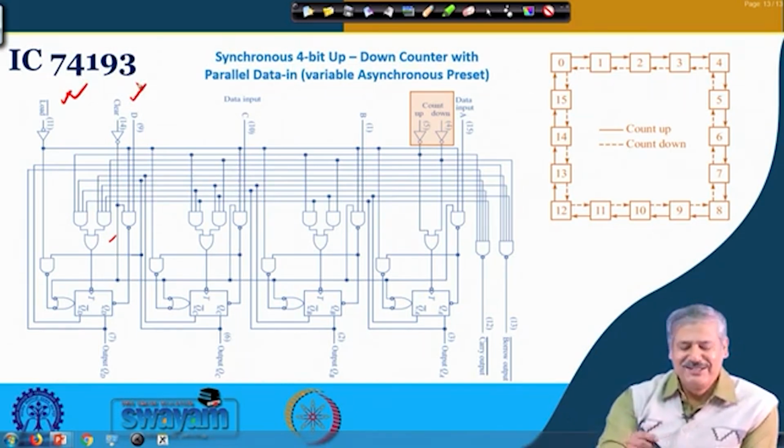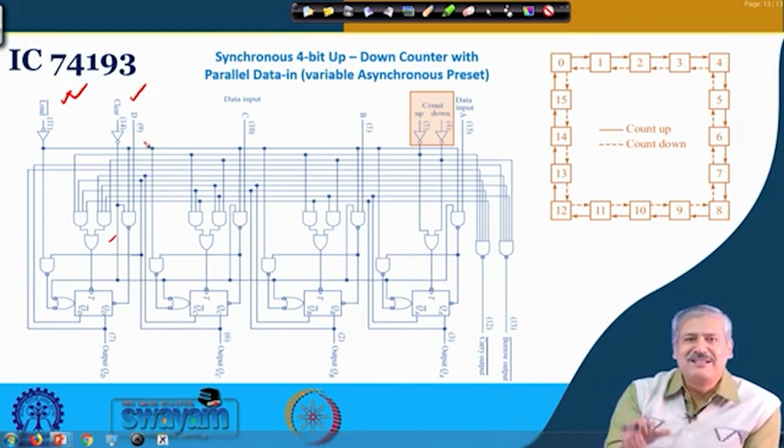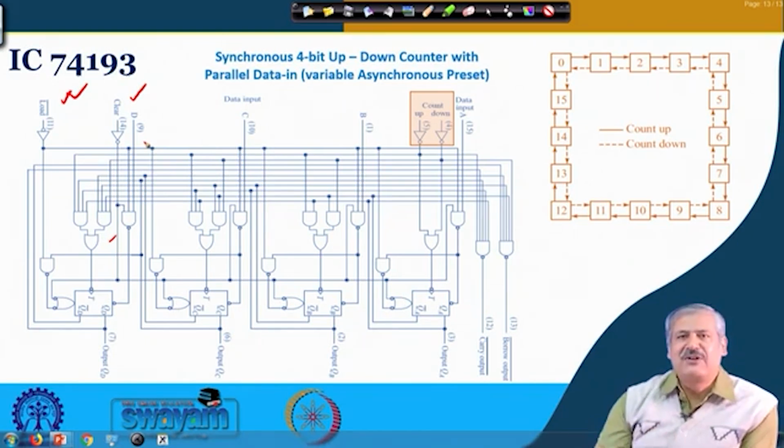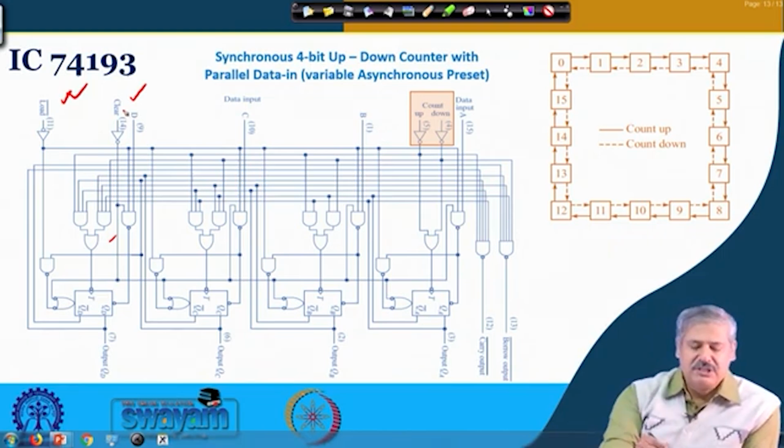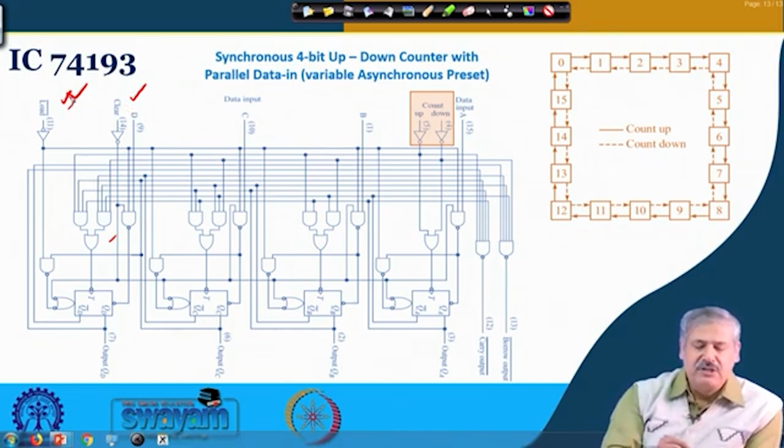So, there is no such facility available that has two inputs, and you will see that it is not required because of this variable preset. So, you can get different kinds of modulo numbers easily. This is a single input clear, and then there is a load input.